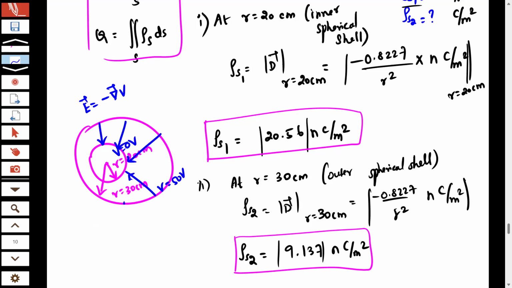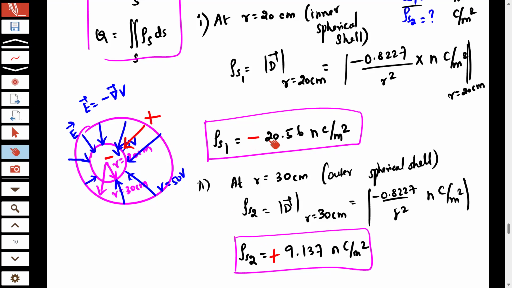The outer one is at positive charge and the inner one is at negative charge. Always electric field is directed from positive to negative. Wherever the higher value of potential is there, there is the positive charge, and wherever the lower value of potential is there, there is the negative charge.